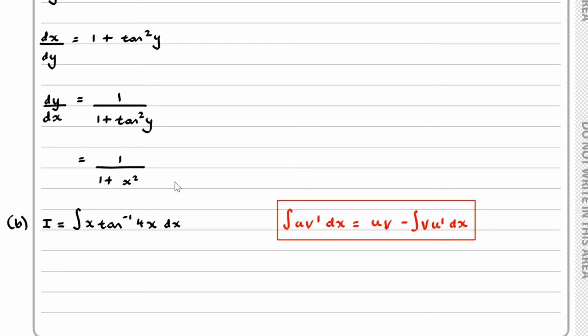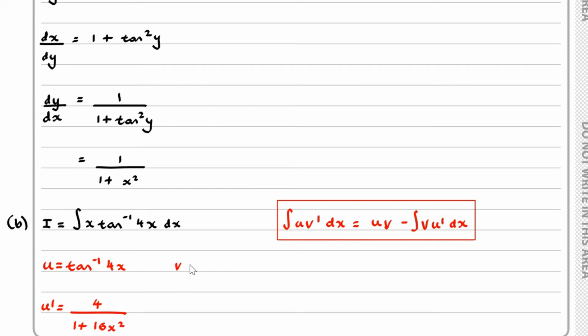And what you can hopefully see over here, u will equal the inverse tangent of 4x. And the reason I want to let u equal this, in part A, we've already worked out the derivative of the inverse tangent of x. So through the chain rule, u dash will equal 4 over 1 plus 16 x squared.